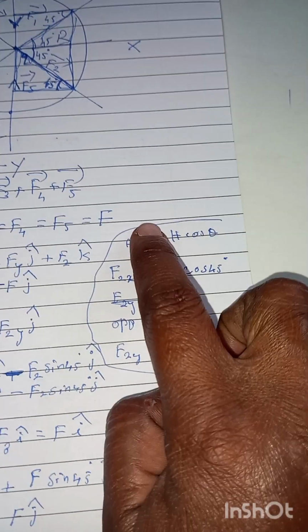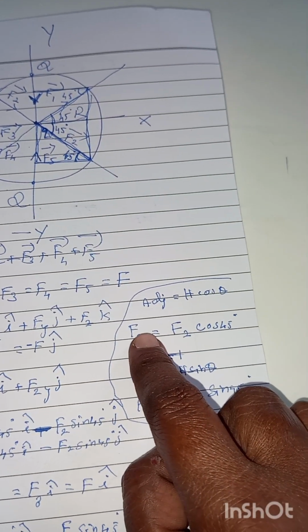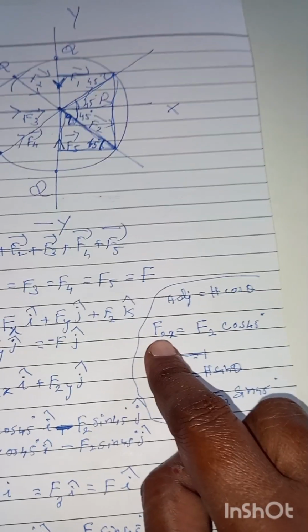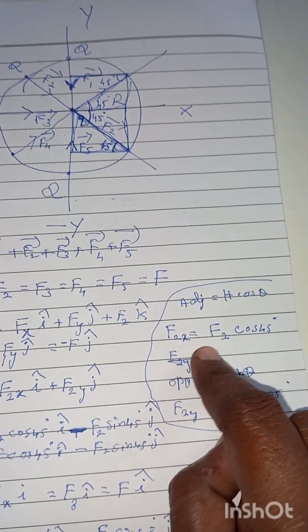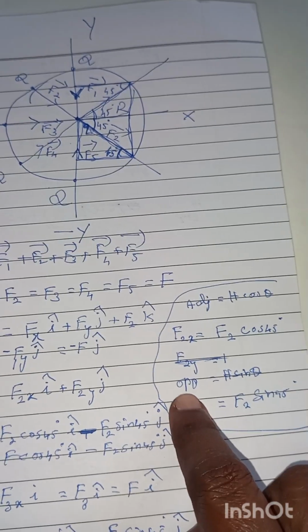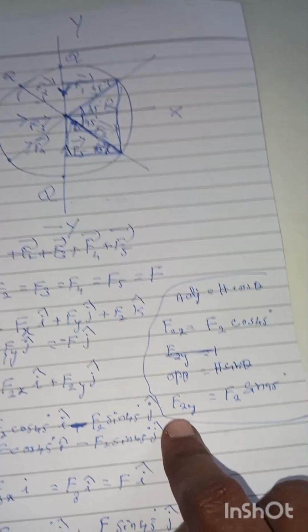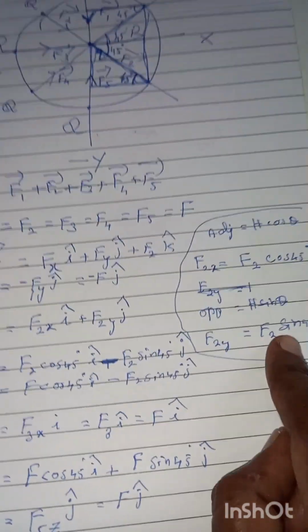Now the adjacent side is h into cos theta. That is the basic thing we knew already. Based on that, we can write the x component of F2, that is F2x, as F2 into cos 45. In the same manner, the opposite side is h sin theta, which is the y component of F2, that is F2 into sin 45.